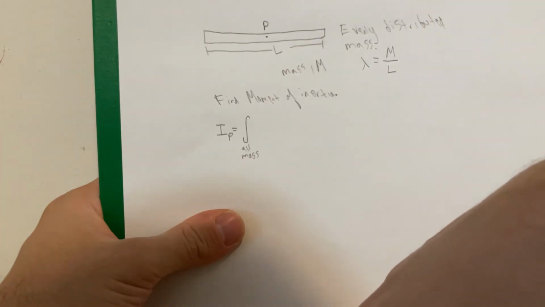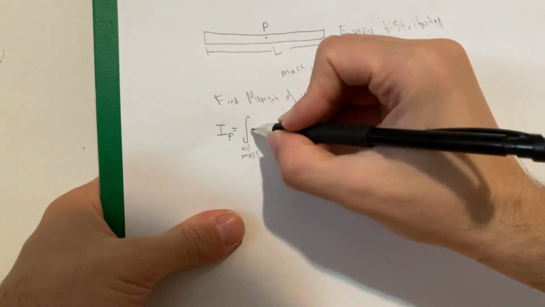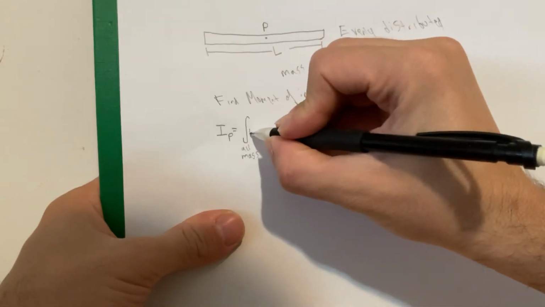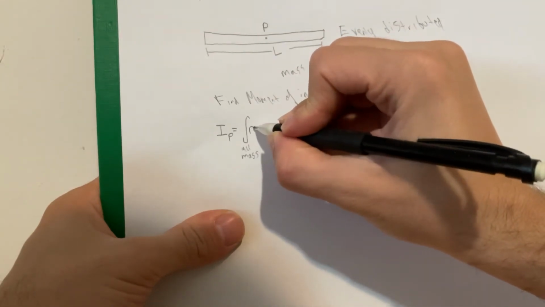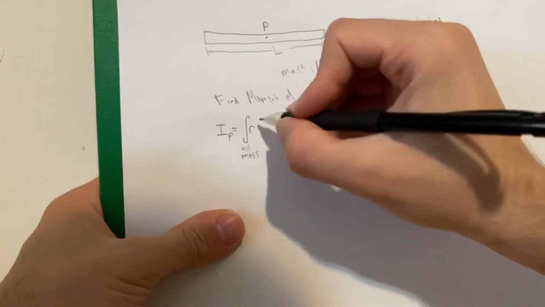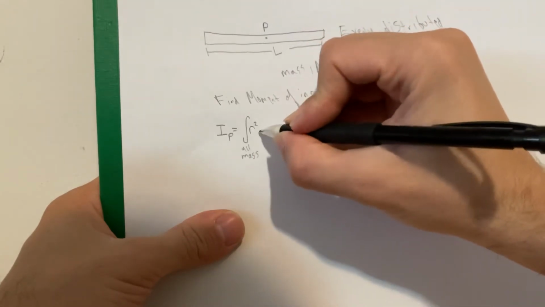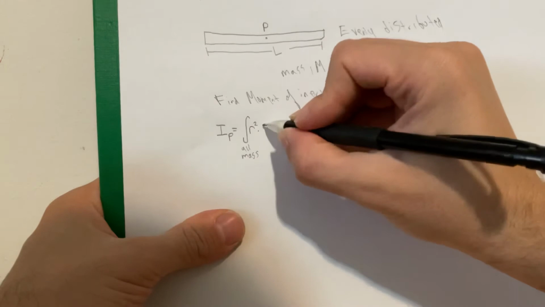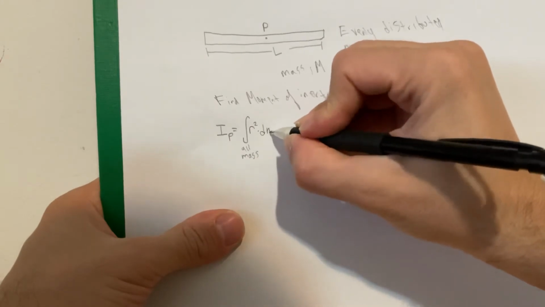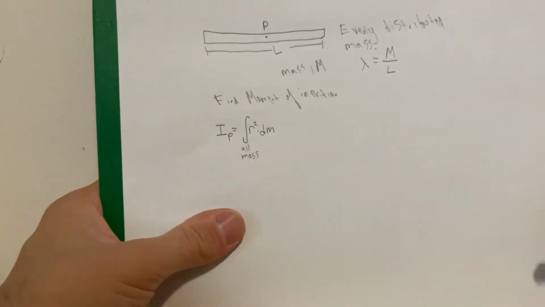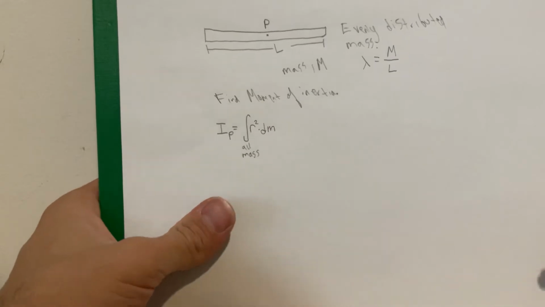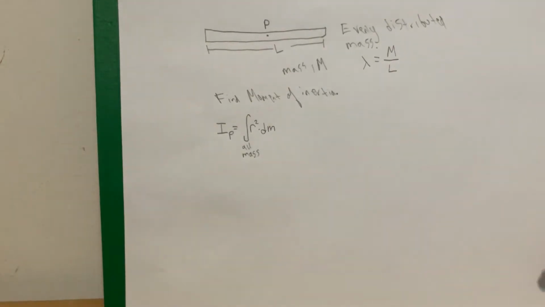And what are we going to sum? The position of that mass relative to the point P squared times the piece of mass, the amount of mass. That's our definition.